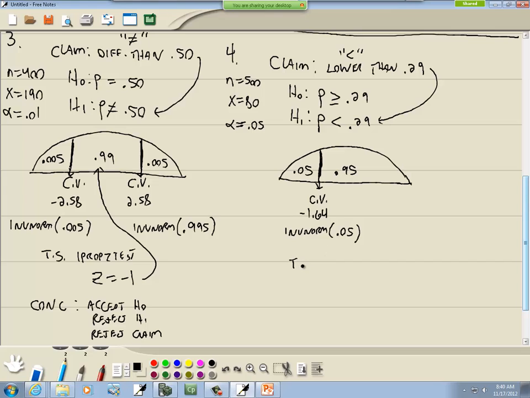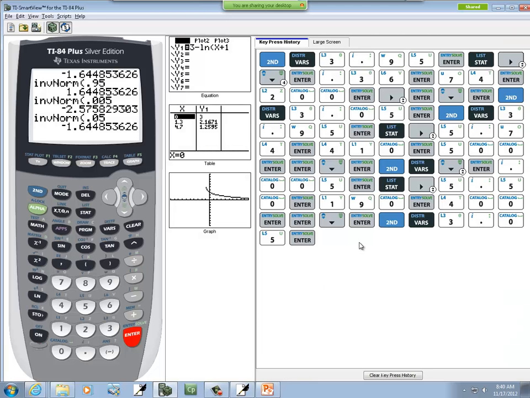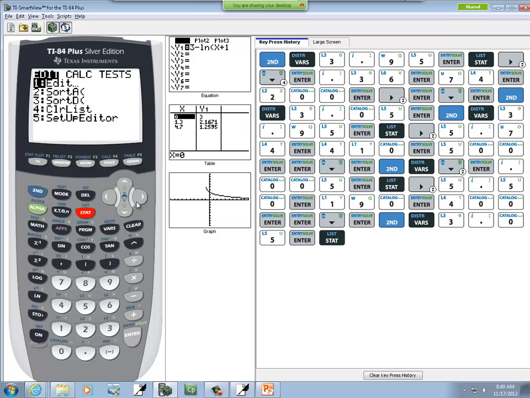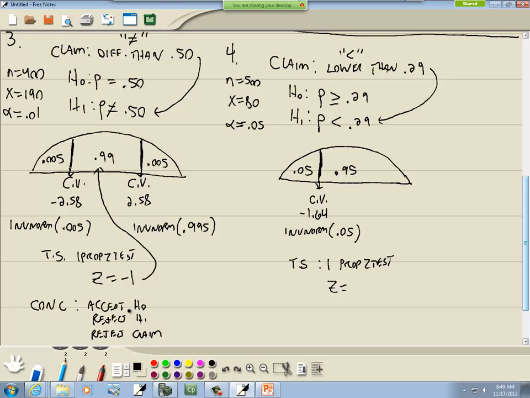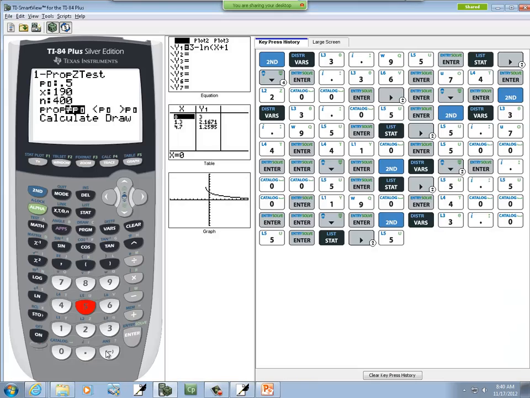Now our test statistic. We're going to use one prop Z test. So go to stat, go to tests, one prop Z test, number 5. And the number off of our claim, H naught H1, is 0.29.